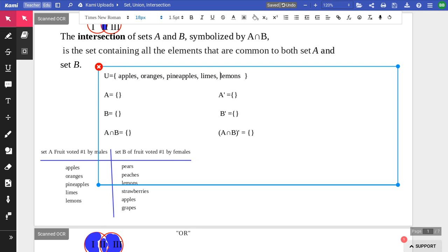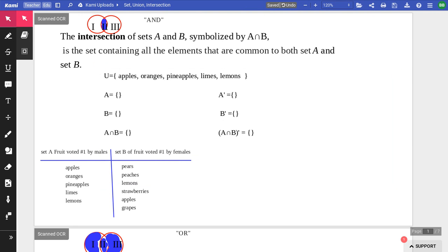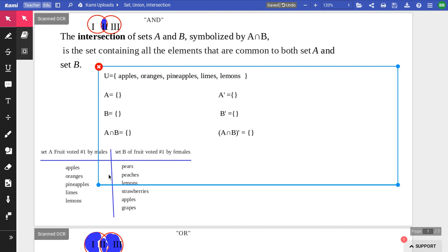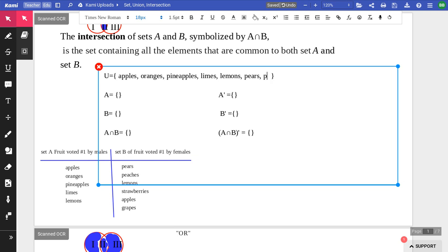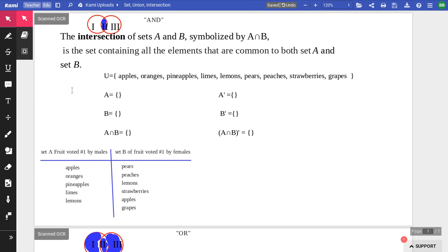So we have apples, oranges, pineapples, limes, lemons. We need pears. We need peaches. We already have lemons. We need strawberries. We have apples already, and we need grapes. So the universe includes all of the elements.